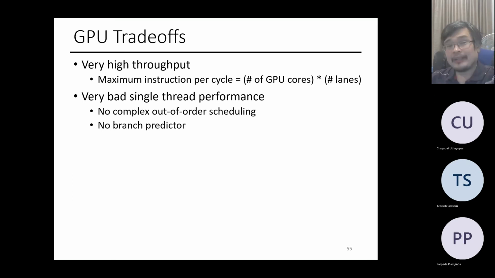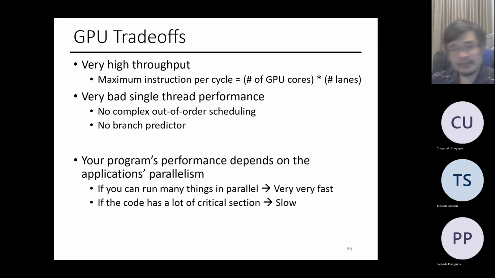That's why certain applications run on the GPU and are really, really fast, while some other applications run on the GPU really, really slowly, right? It doesn't have out-of-order scheduling, doesn't have a branch predictor. And the performance of your program depends on whether you can run many things in parallel or not. If your code has a lot of critical sections, it's not parallelizable.